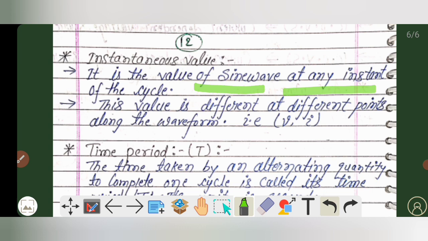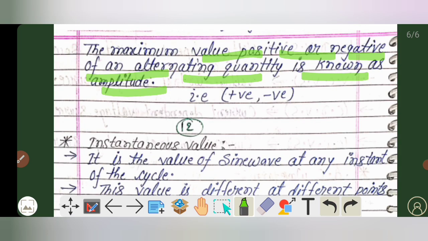In the case of a sine wave, if you want to calculate the value of voltage or current at any particular instant, it is known as the instantaneous value. This value is different at different points along the waveform.